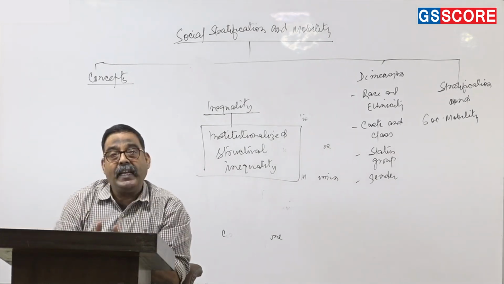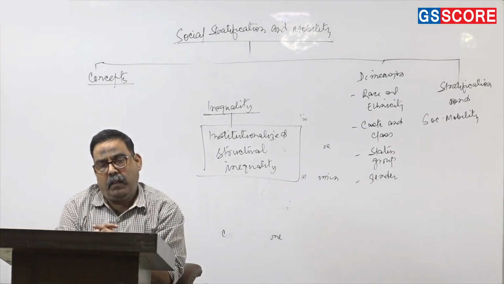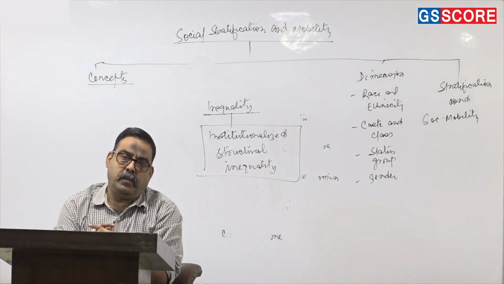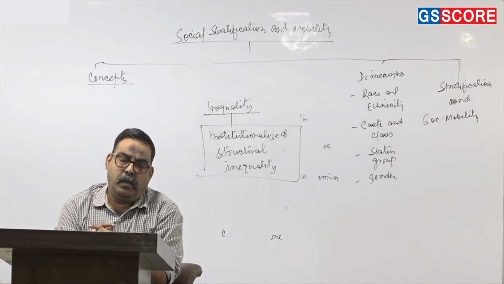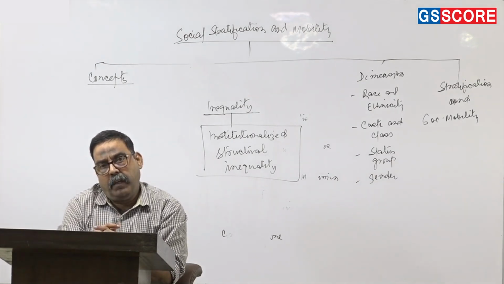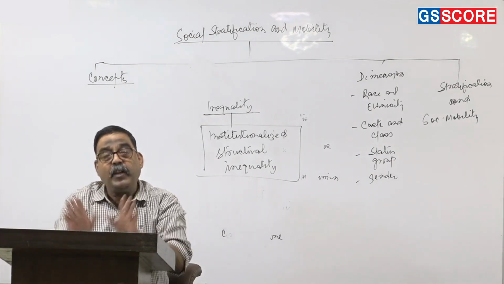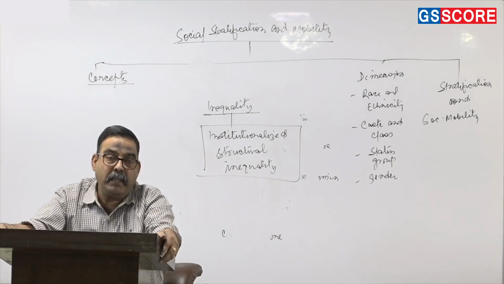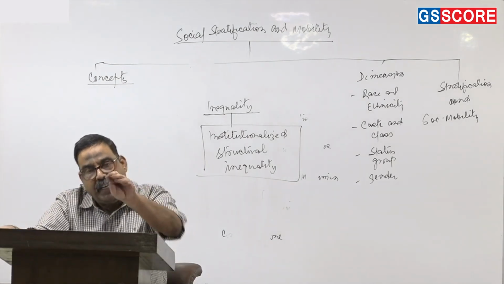Though sex and color are biological, natural differences, if I quote Andre Beteille, natural differences will remain to be differences unless and until society has attributed a meaning to them.